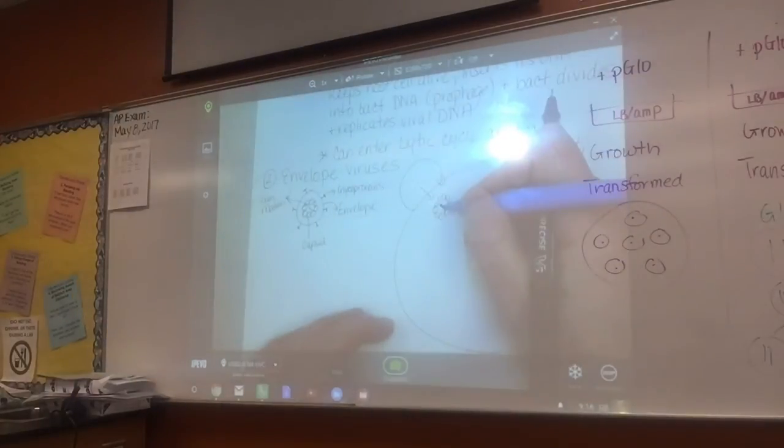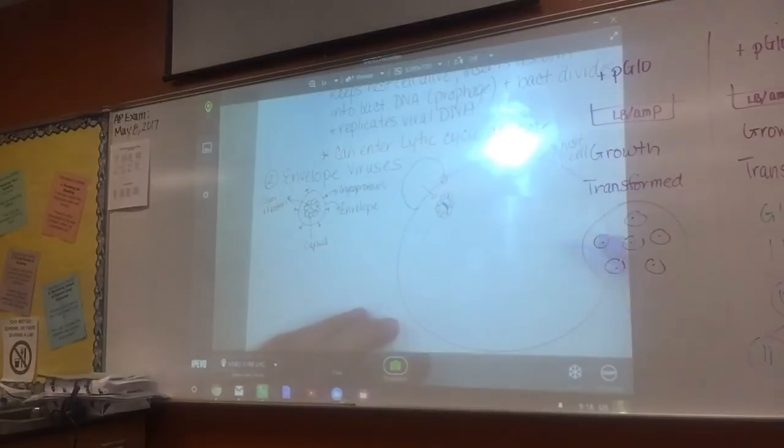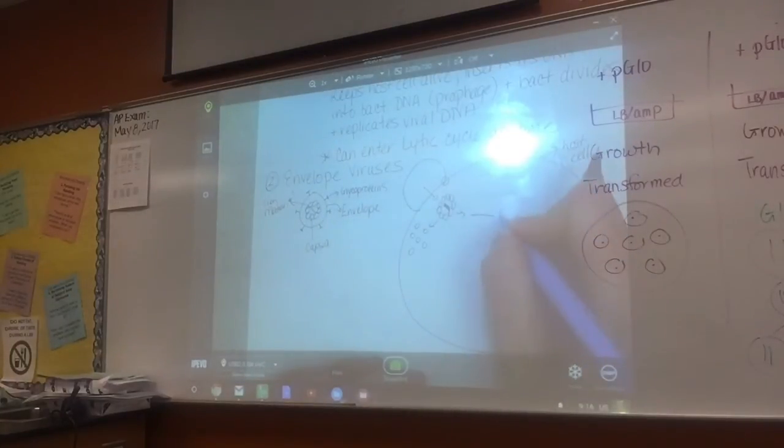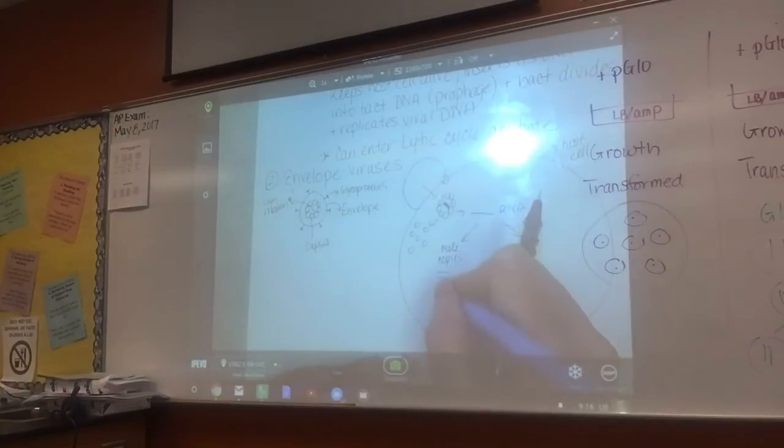So then what happens to the capsid? It gets destroyed, so here's your capsid proteins, exposing your genetic material. Let's say the genetic material is RNA. So then this RNA is used for one of two different things. To make copies. And so, here's all your RNA.